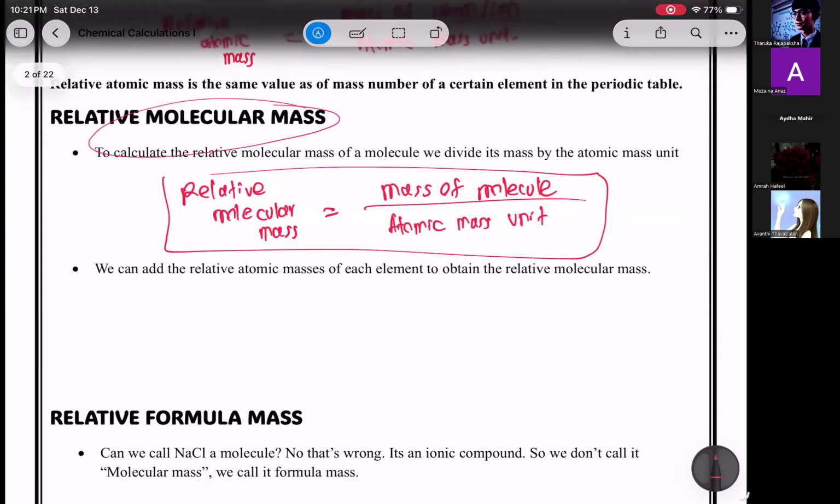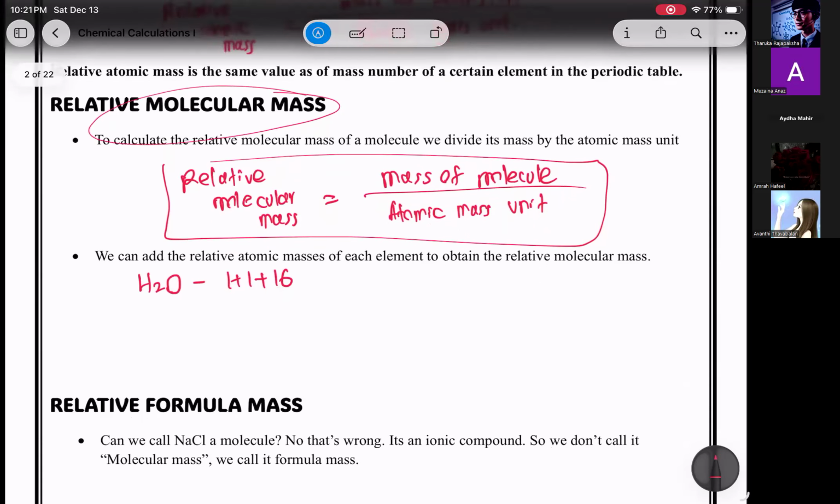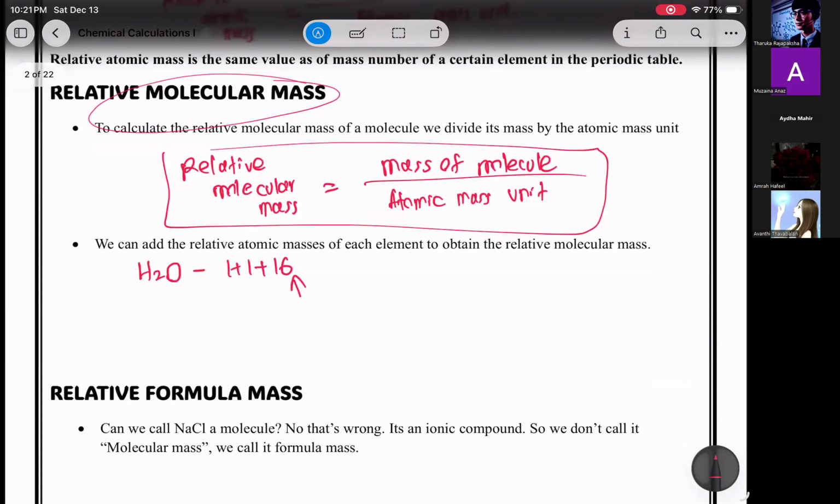We can add the relative atomic masses of each element to obtain the relative molecular mass. We can do that actually. For example, H2O. People, the relative molecular mass of H2O will be 1 plus 1 plus 16. Now, these values we obtain by calculating relative atomic mass. These are the relative atomic mass of oxygen, this is the relative atomic mass of hydrogen, this is the other hydrogen.